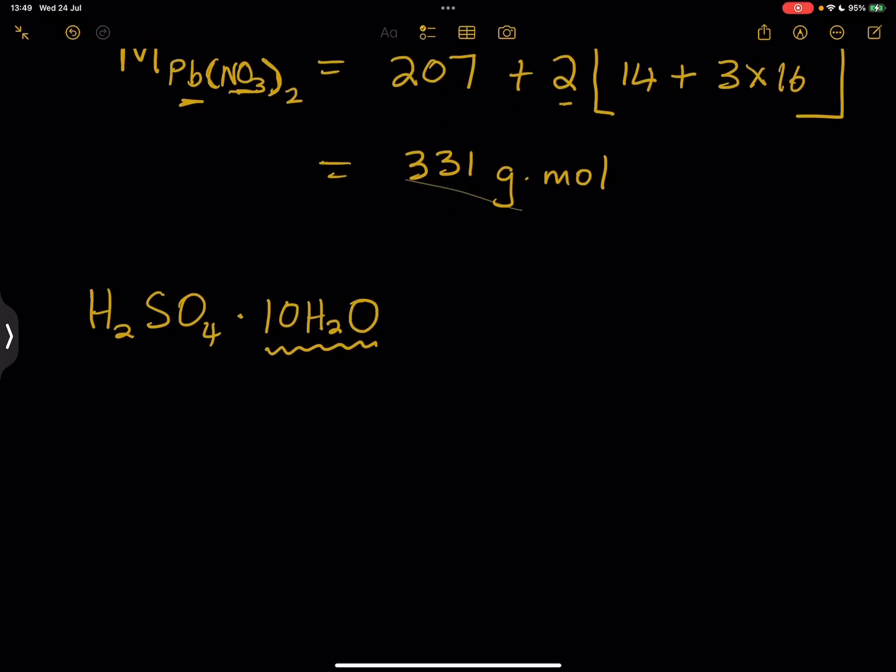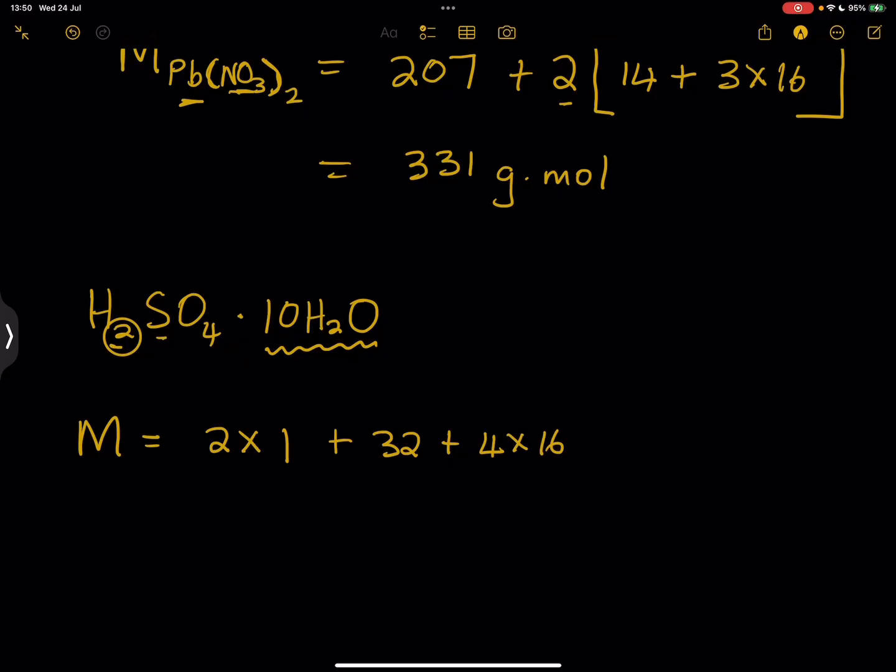From the periodic table again, I'm going to say the molar mass: we've got 2 hydrogens. Hydrogen has a molar mass of 1. So you always multiply by the subscript, the number at the bottom. So that would be 2 times 1, plus sulfur is 32, plus we've got oxygen, 4 of them, so that's 4 times 16, which is the molar mass for oxygen.